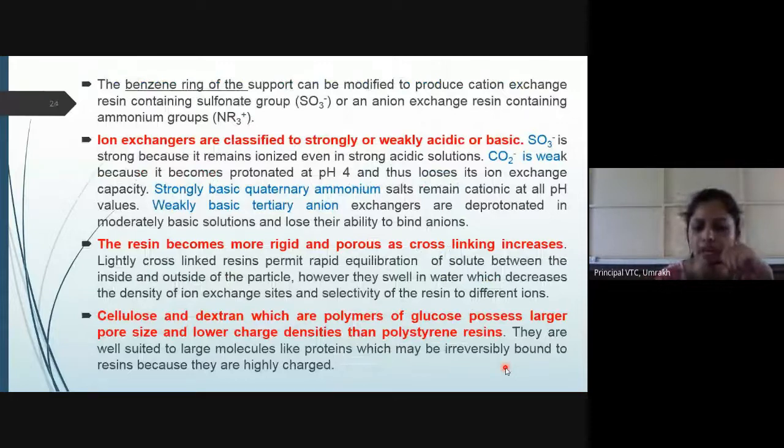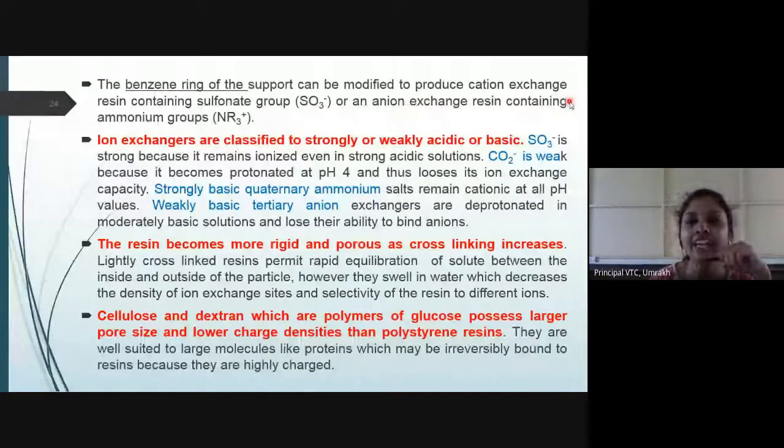Generally, in ion exchange chromatography, the benzene ring of any support can be modified to produce a cation exchange resin, which has a sulfonate group, or an anion exchange resin, which has ammonium.